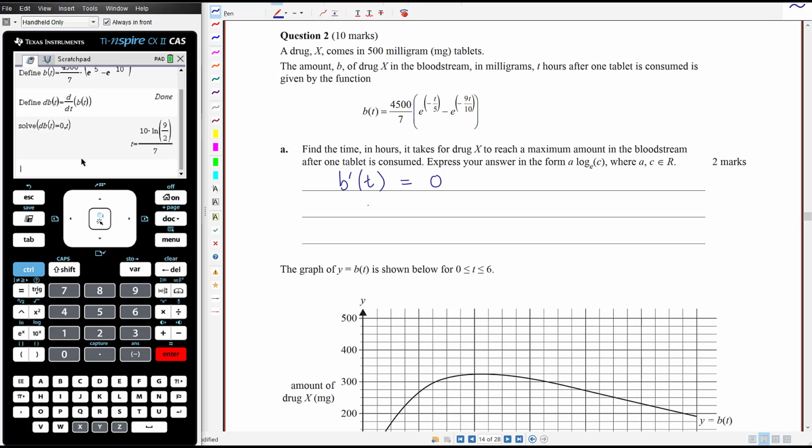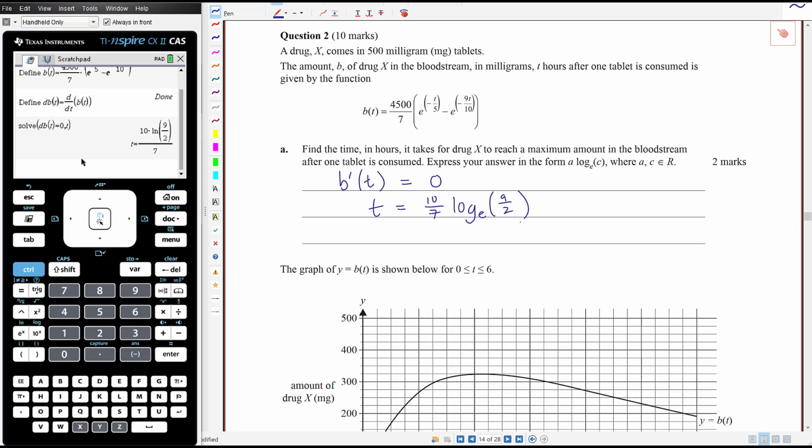Alright, and we get t equals, I'm going to write that as 10 on 7 because it specifies the form, 10 on 7 log e of 9 on 2, where a and c are elements of the real numbers. So yes, they are both fractions, 10 on 7 and 9 on 2, which are real numbers.